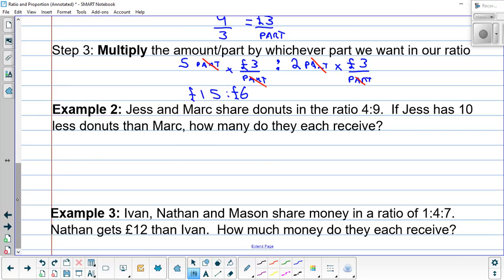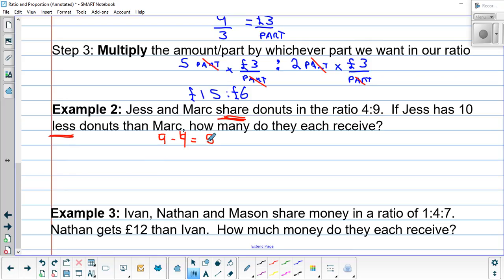So example 2, Jess and Mark share donuts in the ratio 4:9. If Jess had 10 donuts less, so that's our keyword less, and we have share, so we know we're doing ADAM or SDAM, then Mark, how many do they each receive? So first thing, we have to subtract because we see that less or more. So 9 minus 4 is 5.